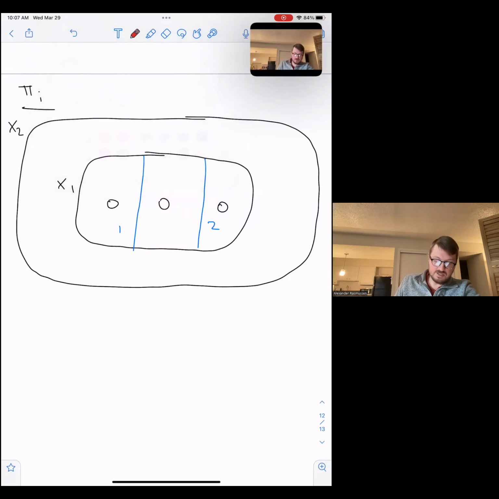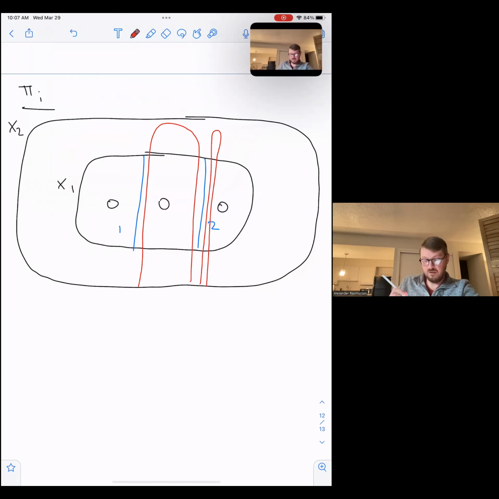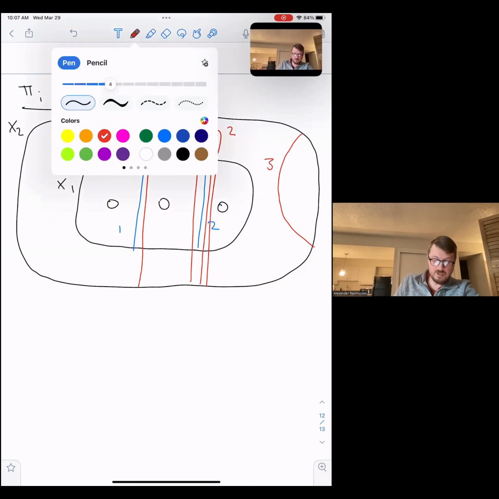And what we notice is that when we move to x2, all of the arcs on x2 are going to intersect x1 in some way. And every time they intersect x1, they're going to intersect it in some arc homotopic to one of the arcs on x1. So let's say that x2 has 3 homotopy classes of arcs, 1, 2, 3.